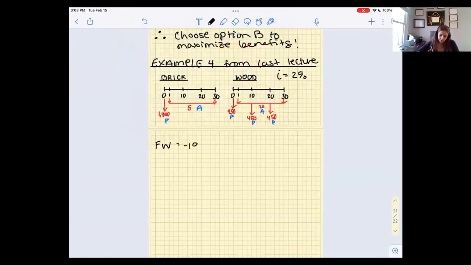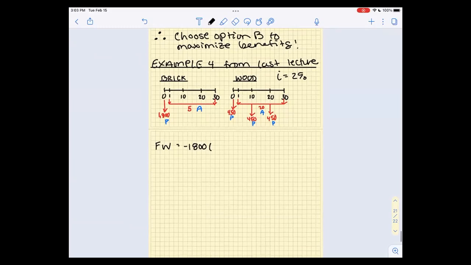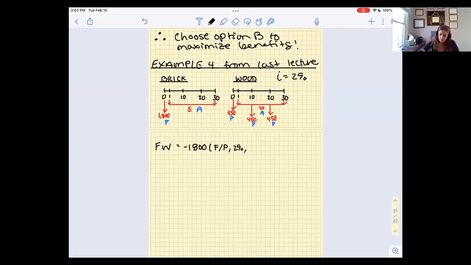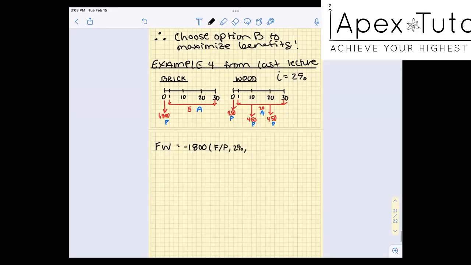So for example, we have negative 1800, negative because it's pointing down, multiplied by what? We want F given P, right? Very good. 2%, 30 years.